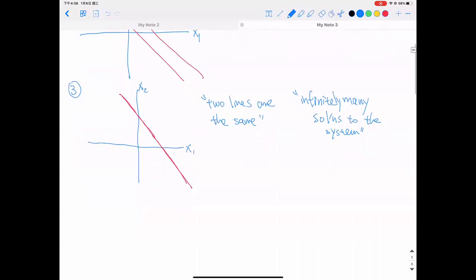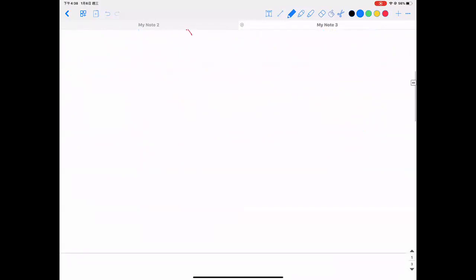Now, in the three variable case, you can discuss the situation similarly.